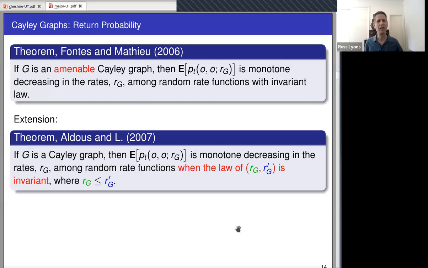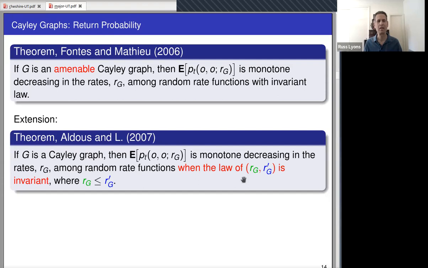Now, I will tell you how it's proved briefly, but only by telling you about an extension and how it's proved. This is a theorem I had with David Aldous. If G is a Cayley graph, we get rid of this amenability requirement, but we replace it by a different requirement. Remember, I said that these rate functions had to have invariant law. The requirement now is that the pair, where I have R_G less than or equal to R'_G, has an invariant law.